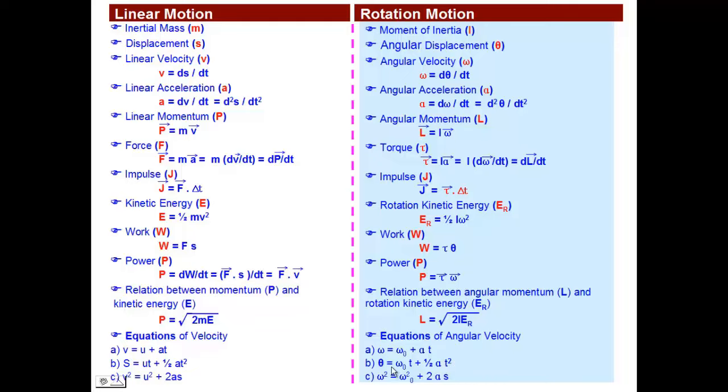Now next, omega square, final velocity, equals omega 0 square, initial velocity, plus 2 alpha s, the angular acceleration multiplied by s. So these are the equations of angular velocity in comparison with the equations of linear velocity.